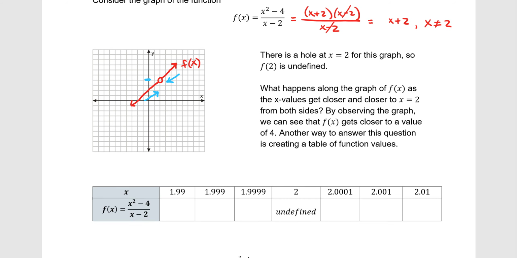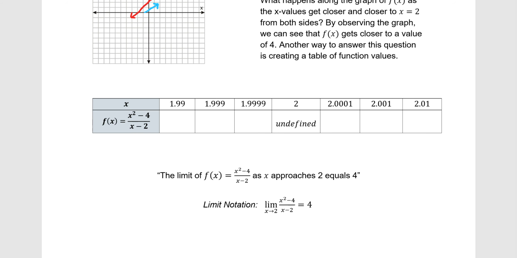So let's go ahead and fill out a table of values, and we're going to converge onto x equals 2 from the left and x equals 2 from the right. So I chose values 1.99, 1.999, 1.9999, getting closer and closer to 2 from the left, and then I also chose values getting closer to 2 from the right. And let's go ahead and plug these values, evaluate them, and plug them into the function.